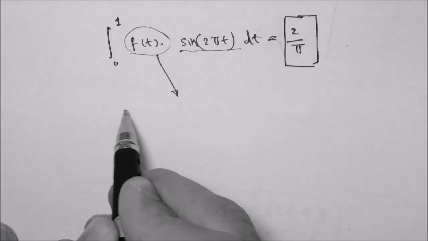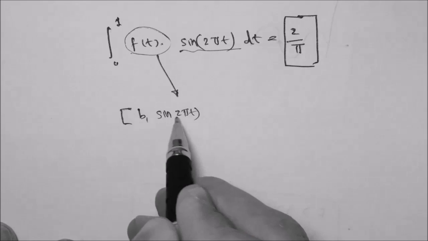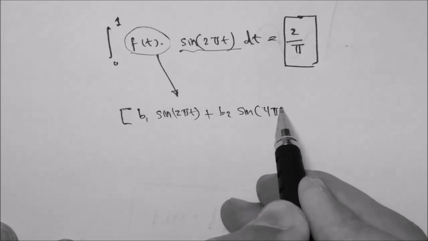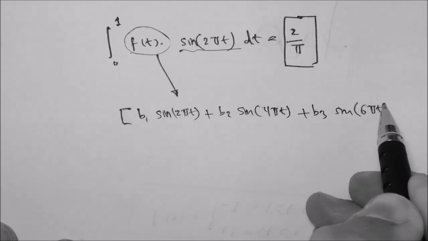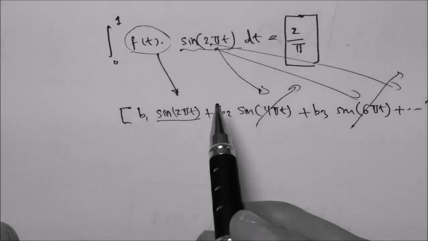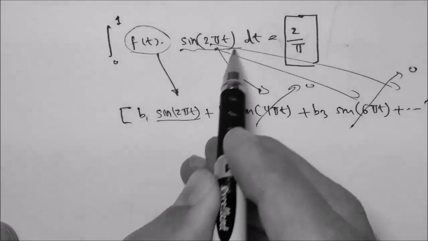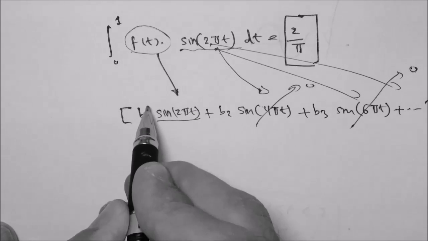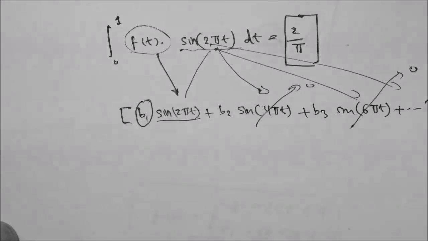We assumed that f of t is b1 sine 2 pi t plus b2 sine 4 pi t plus b3 sine 6 pi t and so on. We also proved that those components are orthogonal to the 1 Hertz. Only the 1 Hertz component is not orthogonal to itself, of course. So we can see that b1 is directly proportional to the result of integration.